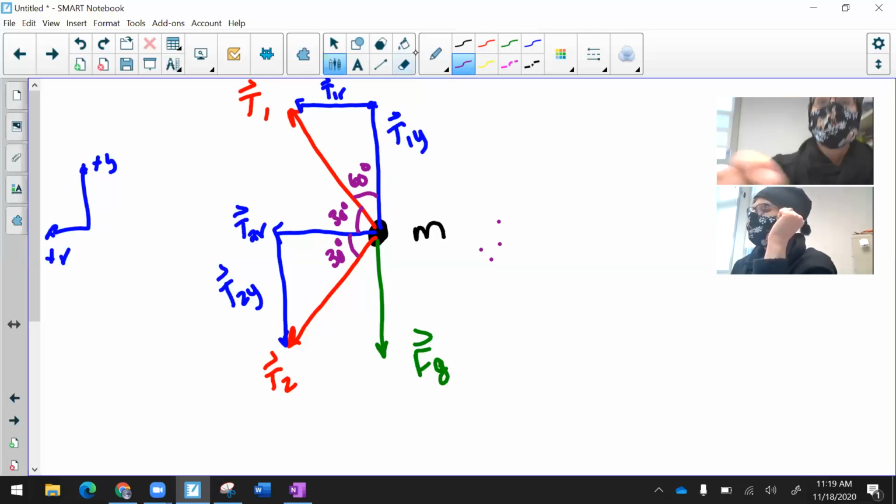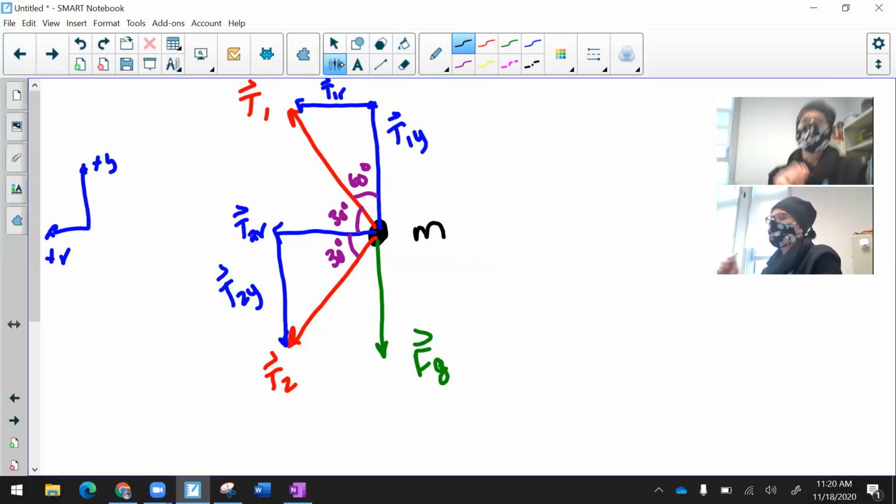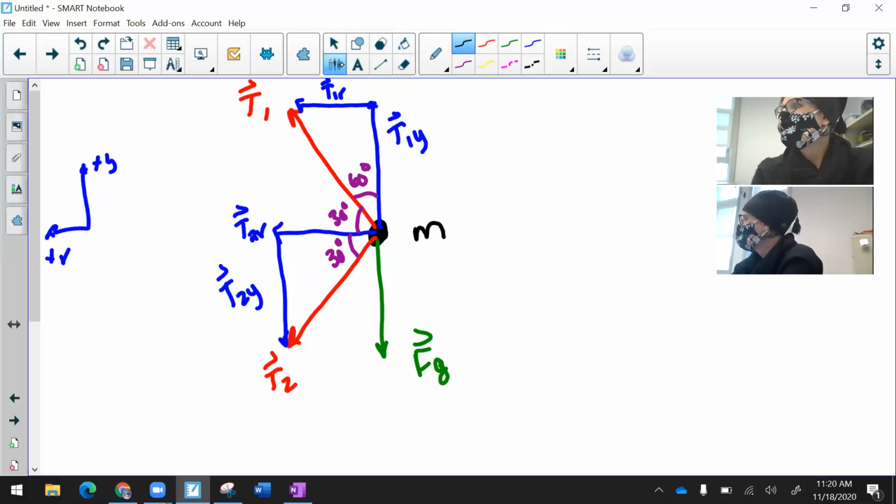All right. So I have made a wonderful, now accurate free body diagram that I can read. What am I contractually obligated to do next? F net equals ma. Okay, which direction would you like to start with? I have a feeling we're going to need both.